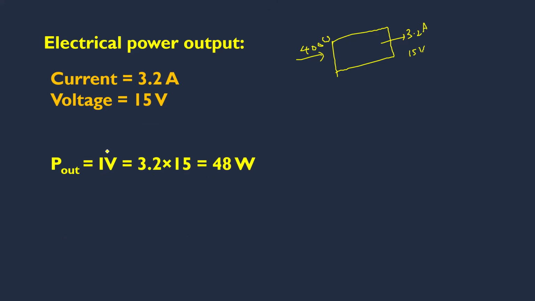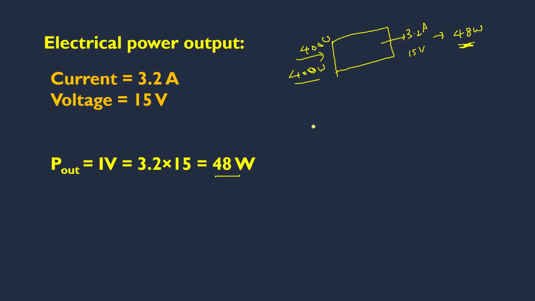So the electrical power P is equal to IV, which is 3.2 into 15, which gives you 48 watts. So when I give 400 watts of light, it is giving me an electric power of only 48 watts. I'm giving 400 watts of input light power, but I'm getting only 48 watts of output power, right?